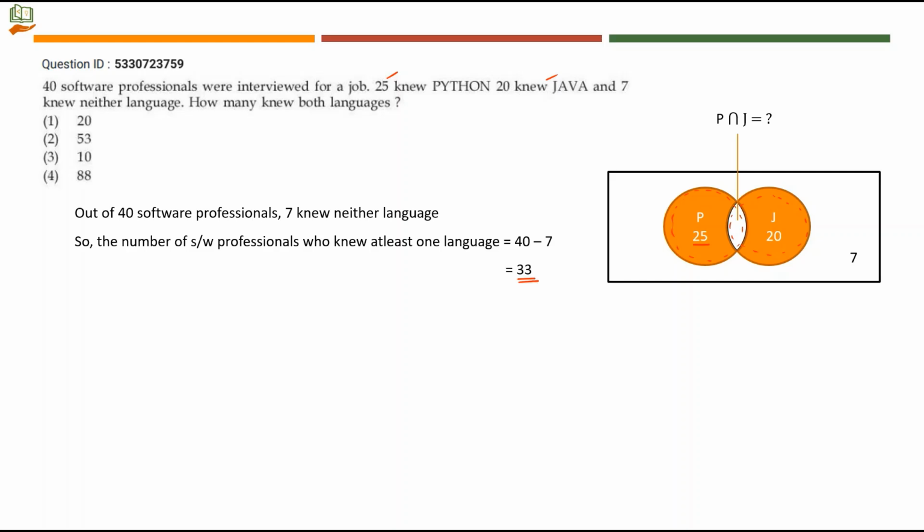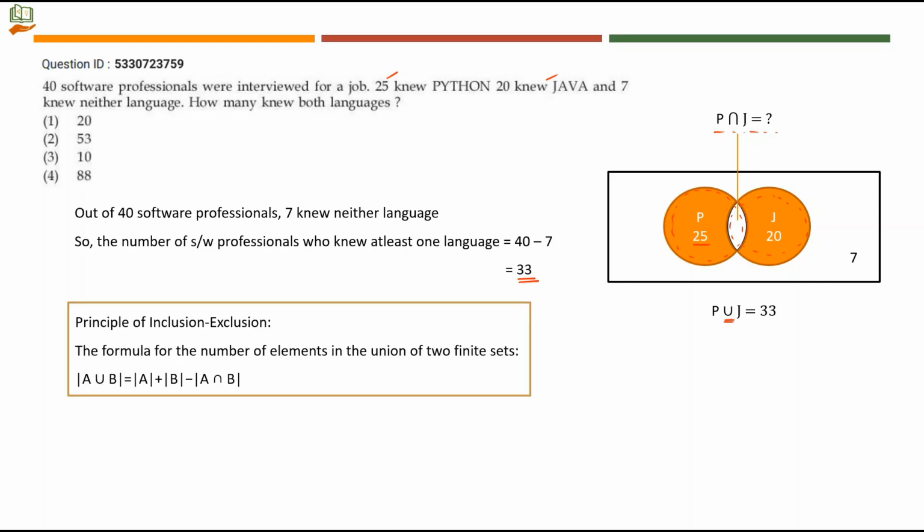It means you have to find the intersection of Python and Java as per this Venn diagram. Since we are using the intersection operation notation here, we know P union J is equal to 33. This 33 is a count where a particular professional can know just Python, just Java, or both Python and Java. That possibility is given by this union operation.